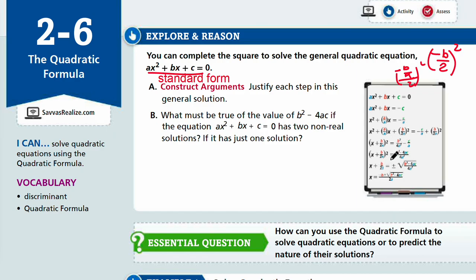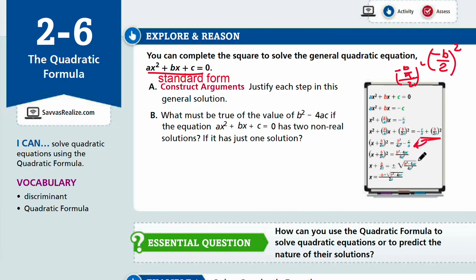It's going to be x plus b over 2a squared to factor this perfect trinomial out. And then we have negative c over a from all these steps, and then we added b over 2a squared. And so we can just simplify them.